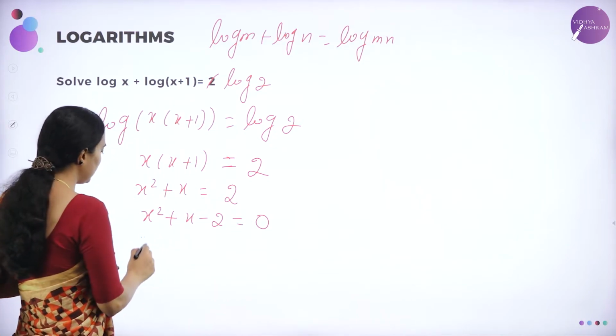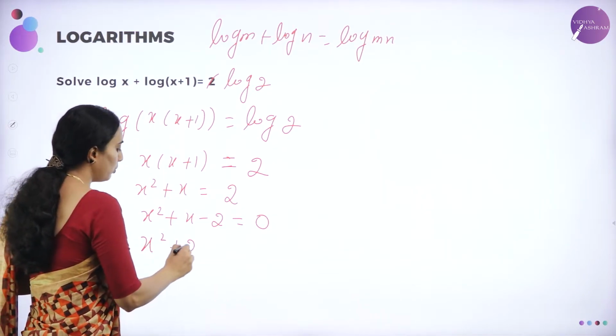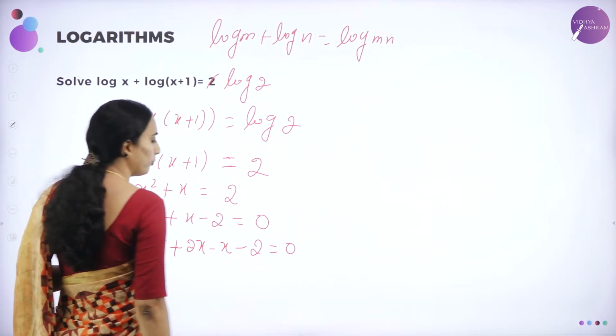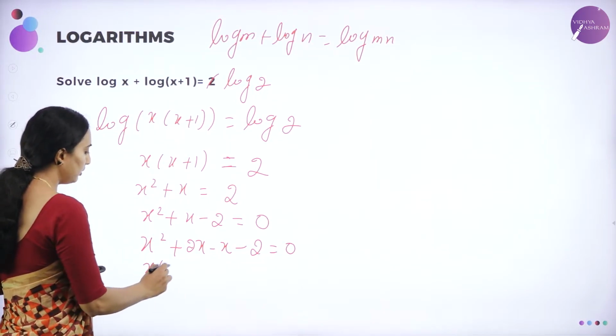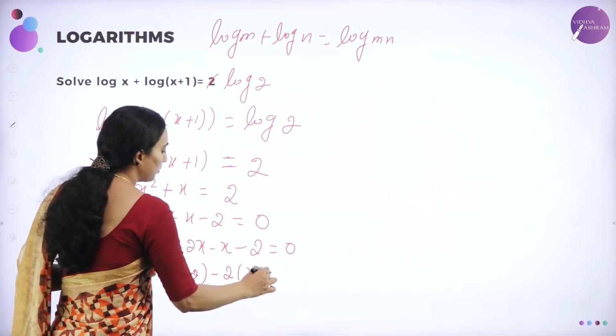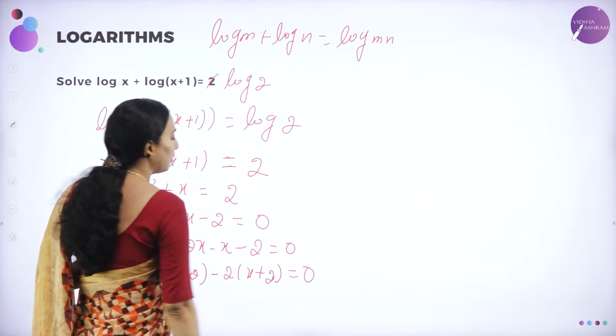Therefore, I can write it as x squared plus 2x minus x minus 2 is equal to 0. Therefore, you can have x into x plus 2 minus 1 into x plus 2, which will be equal to 0.